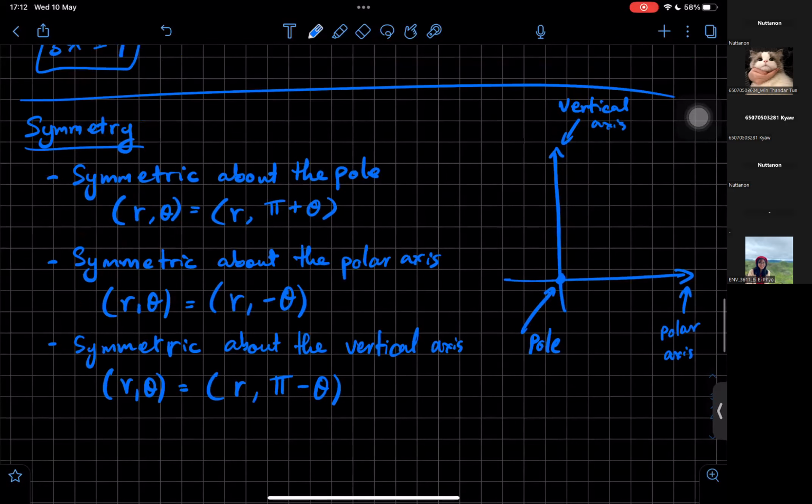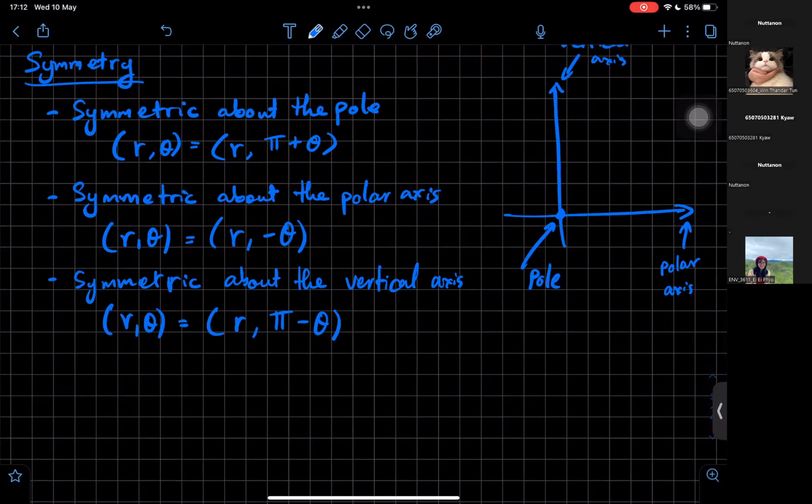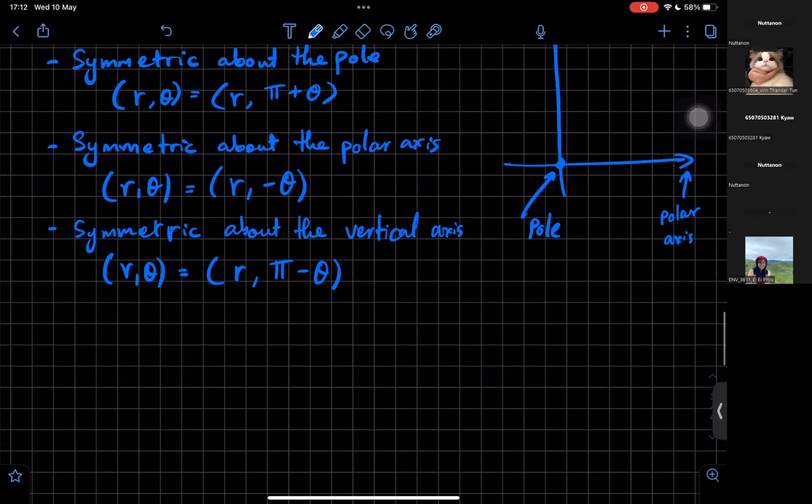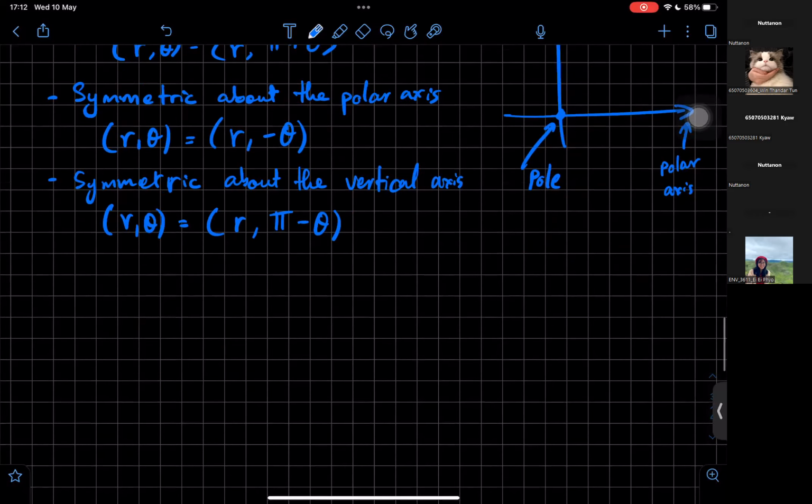If you have an equation, in rectangular form we usually write y equals some f of x, right? y will be on one side and x will be on the other side.